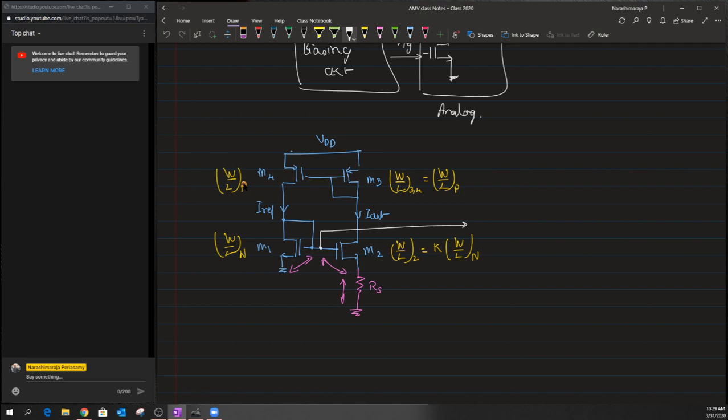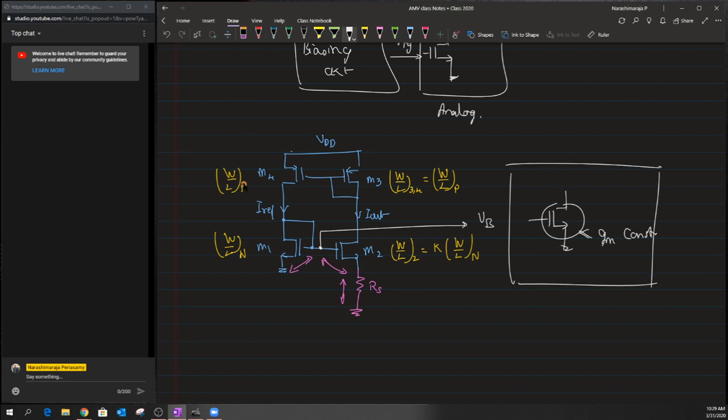Whatever the voltage that I have here will give us the voltage that is required to bias any kind of analog circuit that you want to bias. And once I bias the transistors inside this analog circuit, the GM of these transistors will also be stabilized, which means that their GMs will also be a constant GM. So that is the reason why we call this a constant GM biasing circuit.